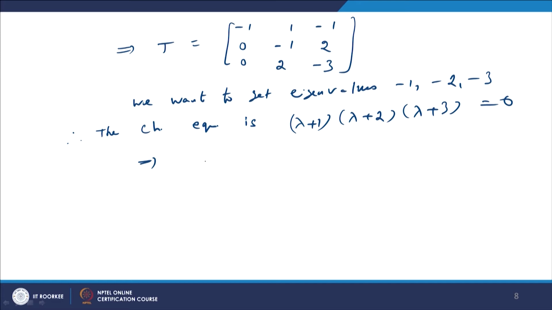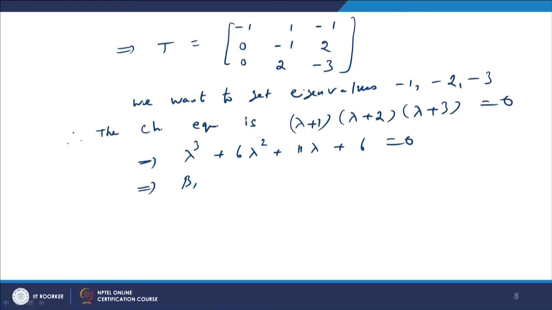So, that will imply that we get lambda cube plus 6 lambda square plus 11 lambda plus 6 equal to 0. So, in the notation of the previous lectures, we see that beta 1 is 6, beta 2 is 11 and beta 3 is 6 again.